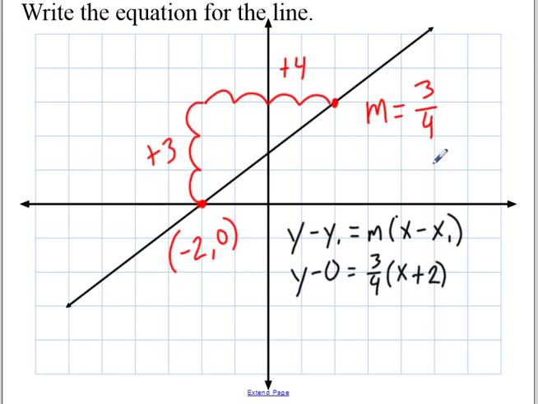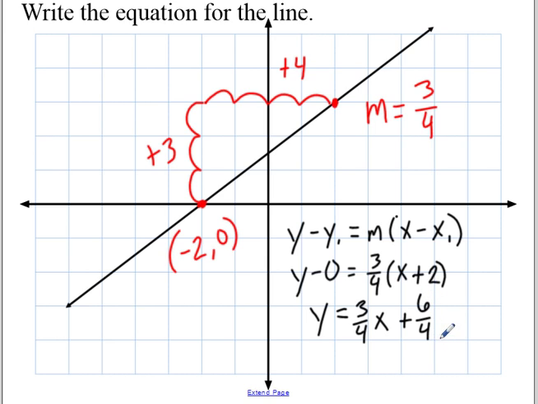When the -2 plugs into this x spot, the negative and the minus sign is 2 negatives to make a positive. Let's wrap up the left side of this. y minus 0 is just y. And distribute the 3/4 into the x and the 2, giving me 3/4 x plus 6 over 4.